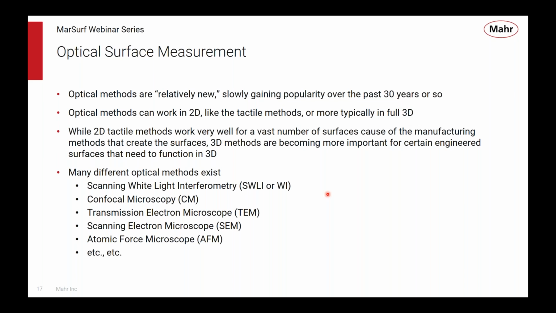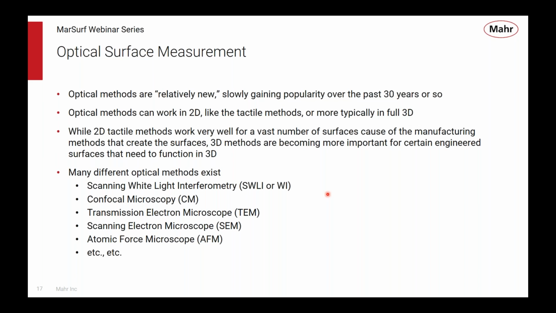But as engineers, we get smarter every year, and we develop more complex surfaces that are supposed to have certain functional characteristics, and we put coatings on these surfaces to give them certain characteristics, whether they be friction or anti-friction coatings, wear coatings, or whatever they might be.